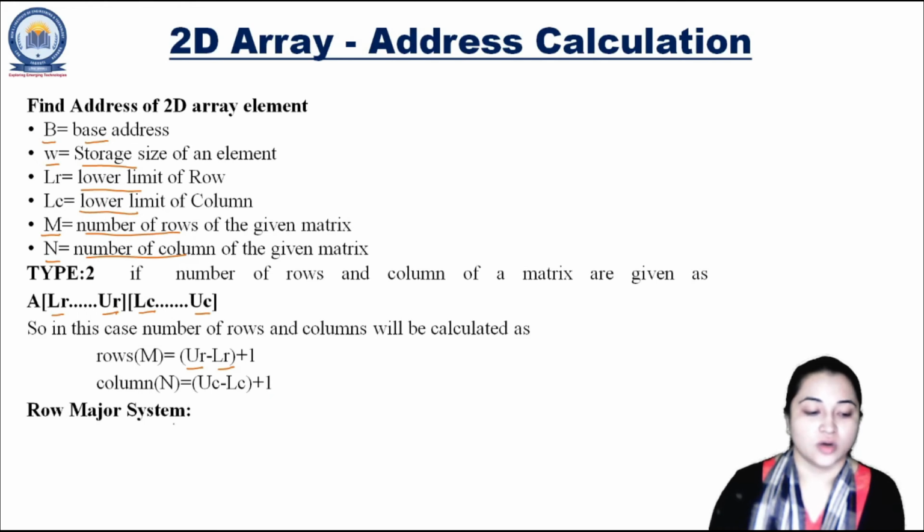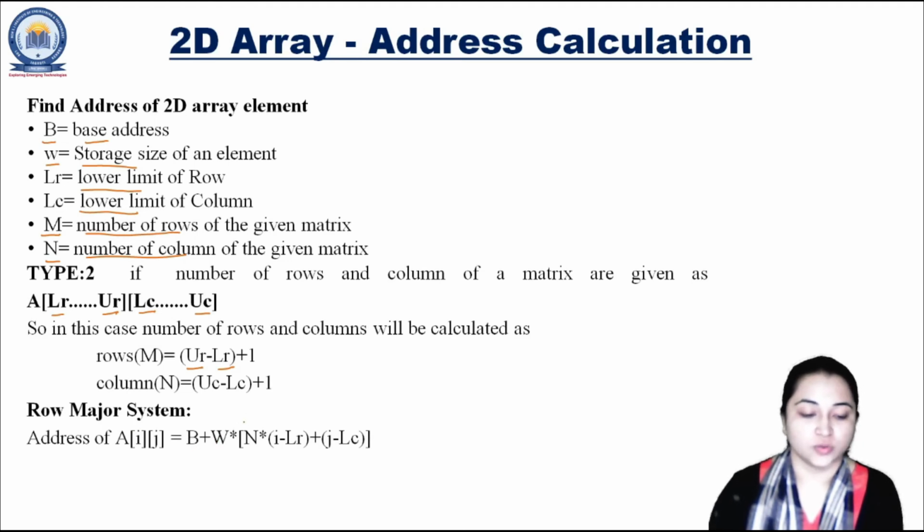Okay, so the equation of the row major system would be base address plus size into number of columns into row subscript minus lower bound. So only one change is there: in the previous equation that was I minus 1, and here we will have lower bound of row in place of 1.